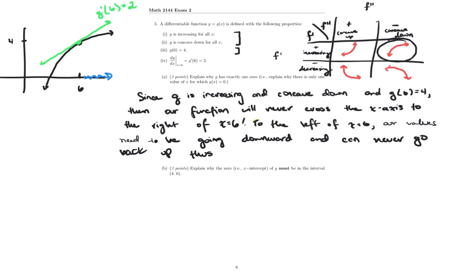Thus, g has exactly one zero. It must cross the x-axis once.